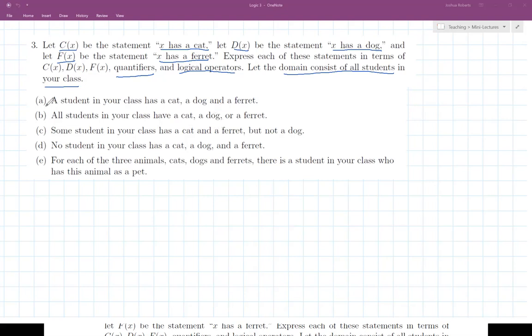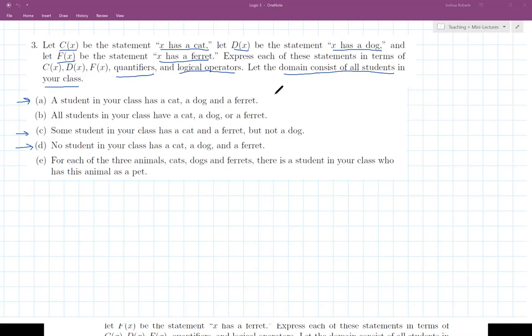Okay, so let's do A, and let's do C, and let's do D. Okay, so a student in your class has a cat, a dog, and a ferret. Well, we're saying this is true for some student, maybe more than one, but for at least one.